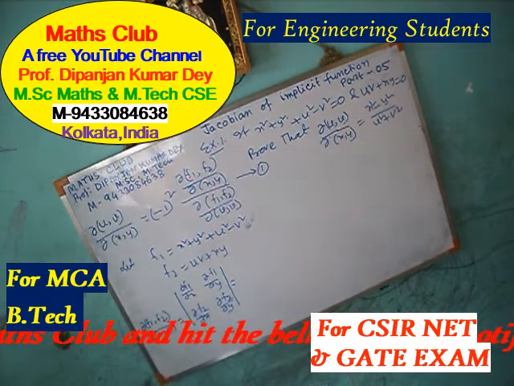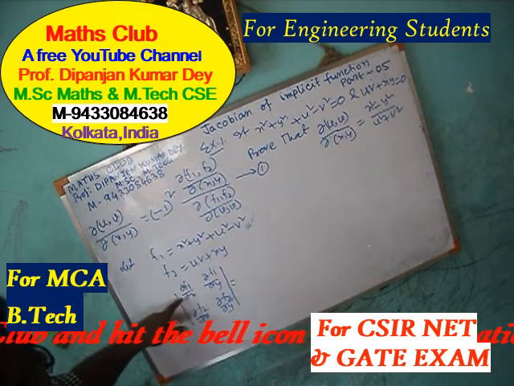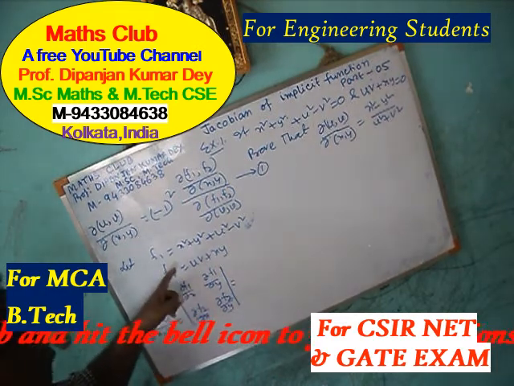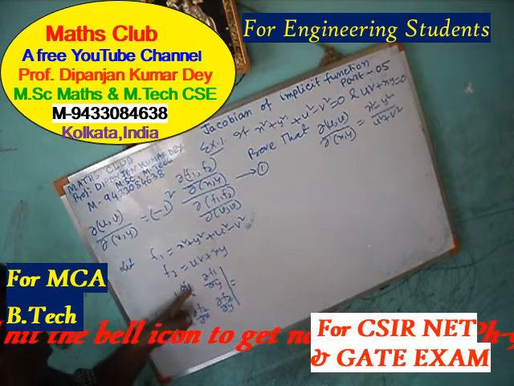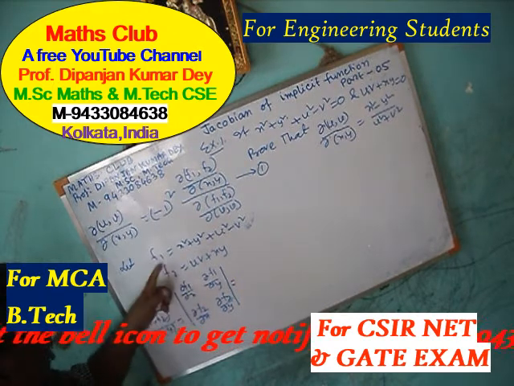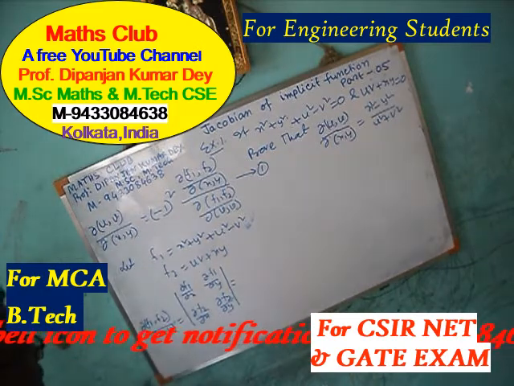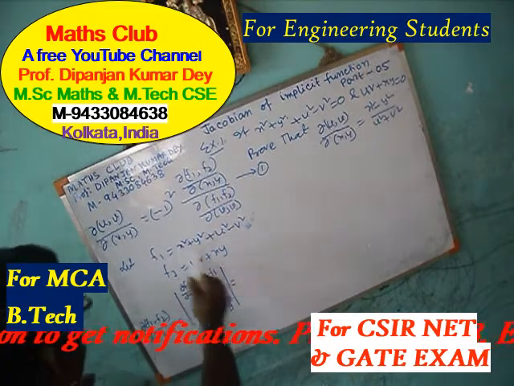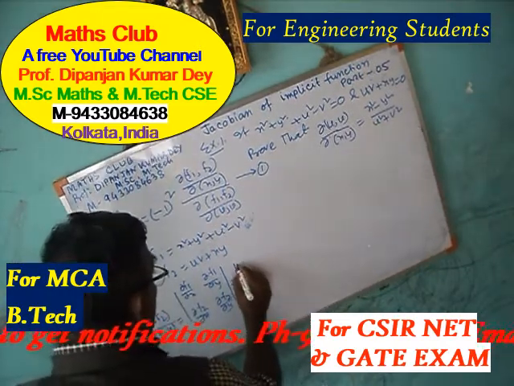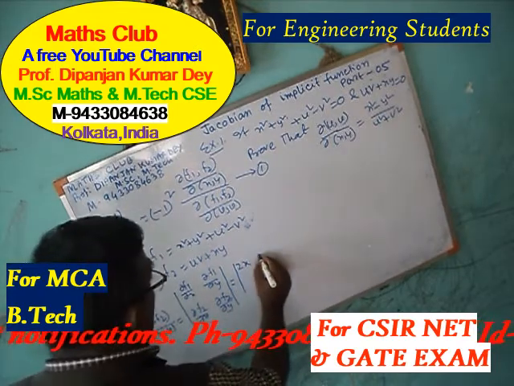Now you see del f1 by del x, that means partial derivative of f1 with respect to x when y, u, v are constant. So it will be 2x, and del f1 by del y is 2y.